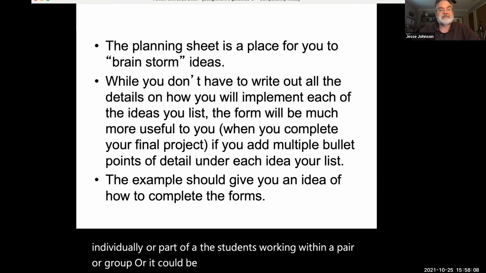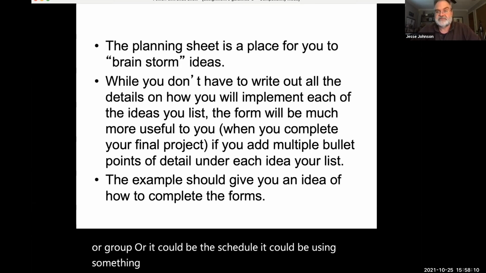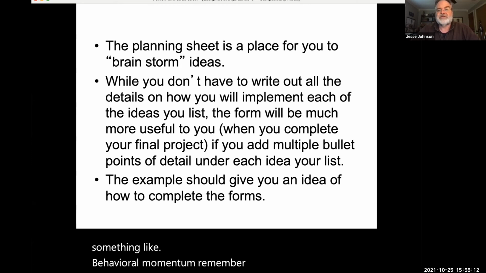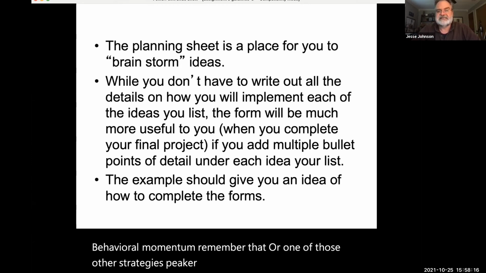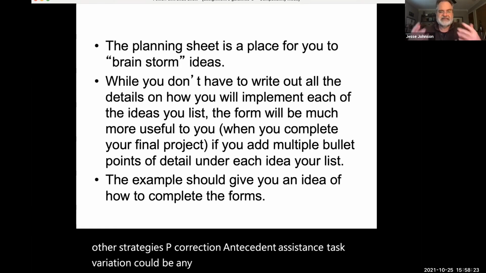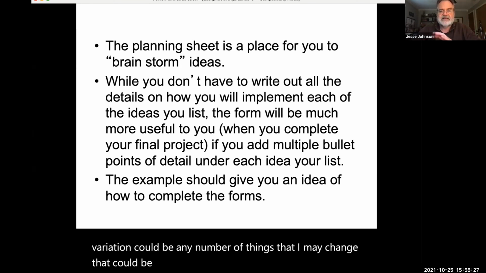It could be using something like behavioral momentum. Remember that? Or one of those other strategies, pre-correction, antecedent assistance, task variation, could be any number of things that I may change that could be a possible antecedent strategy.